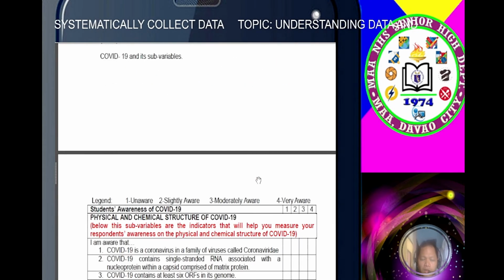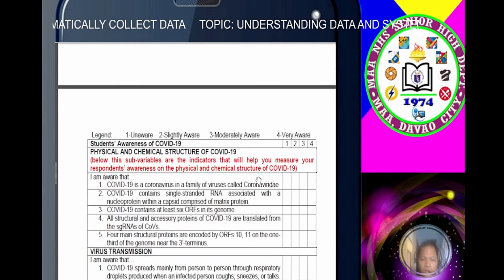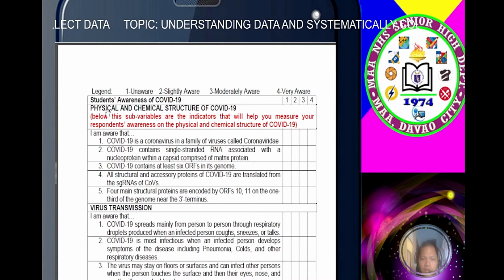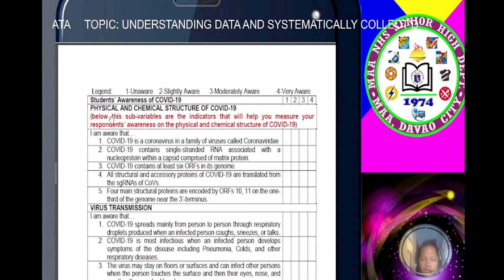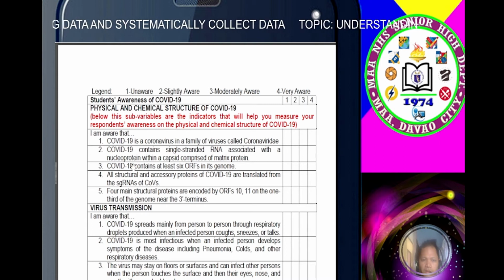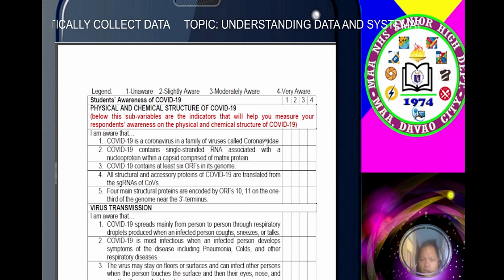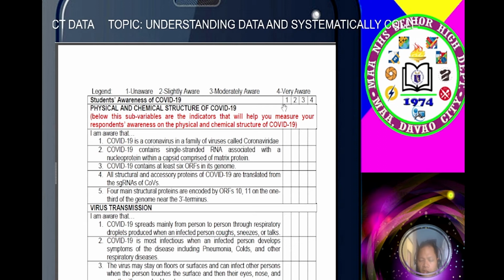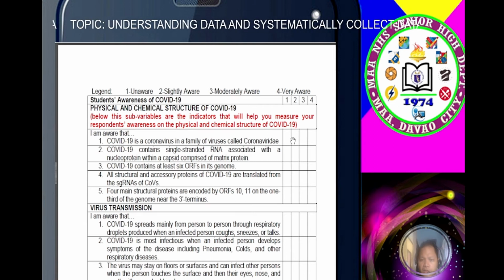Let me share examples of the questions. Here is the indicator, physical and chemical structure of COVID-19, and here are the questions. For example, "I am aware that COVID-19 is a coronavirus, in a family of viruses called coronavirus." Your respondents will just check this part here.